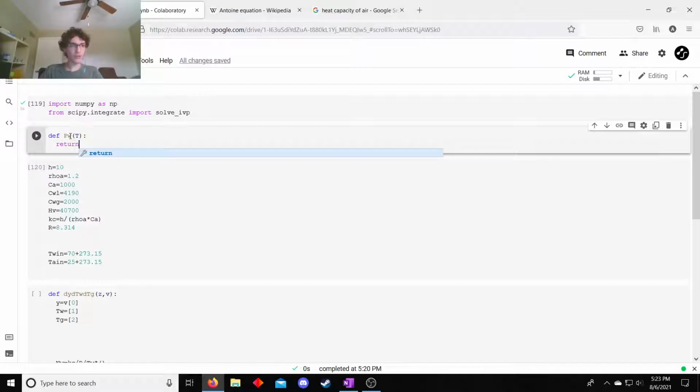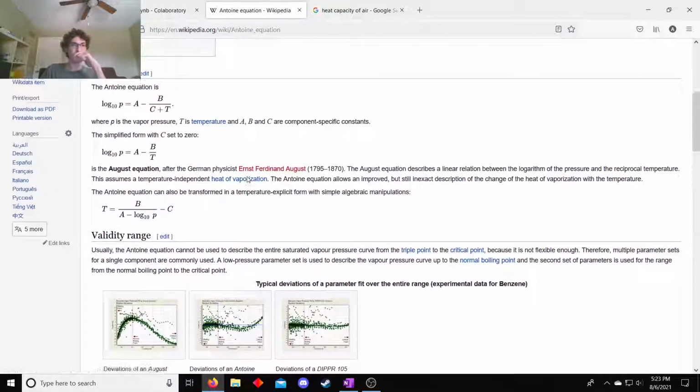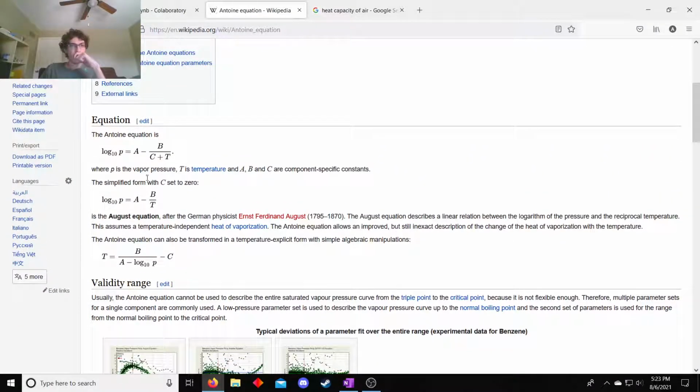I actually have the Antoine equation pulled up here. The way that this works is that we will have some temperature and some pressure, and we have this A, B, and C, and these depend on what we're actually working with. So, for example, between water and ethanol, the A, B, and C would be different.